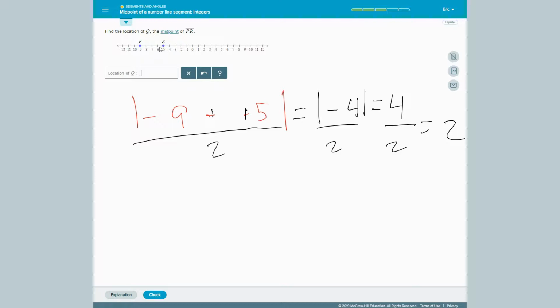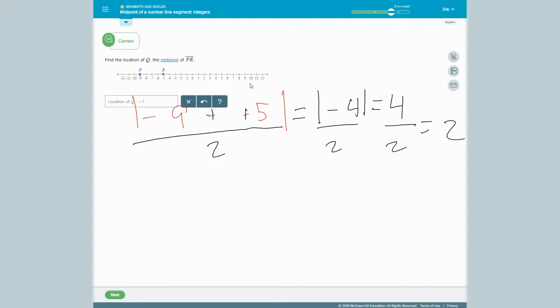And that's it. So what is -5 minus 2? Well, 1, 2. What do you know? We have a -7. So if I'm going to throw that in there. And there we go. That's how you would take care of your midpoint line segments.